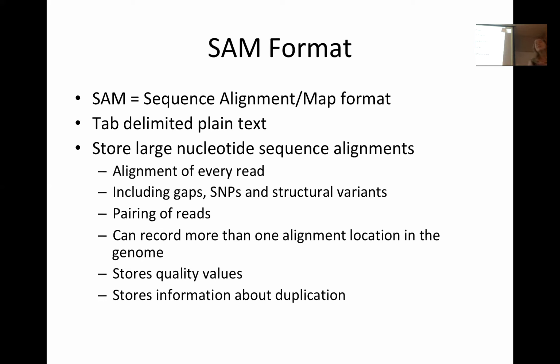So it includes alignment of every single individual read. It can handle gaps, variants, and structural variants. It handles pairing of reads. It handles more than one alignment location in the genome. It stores the quality values for both the mapping and the individual nucleotides, and it stores information about duplication. So it stores a lot.